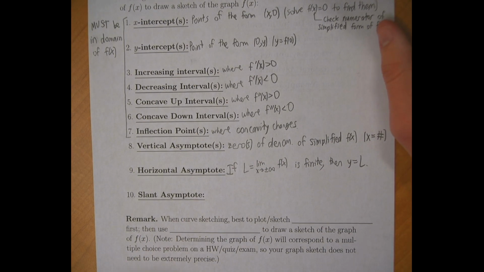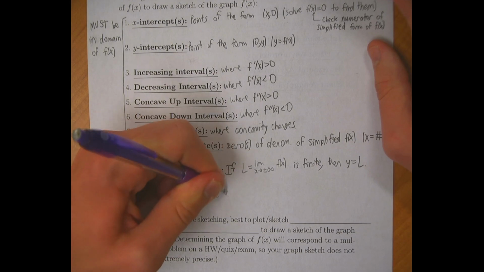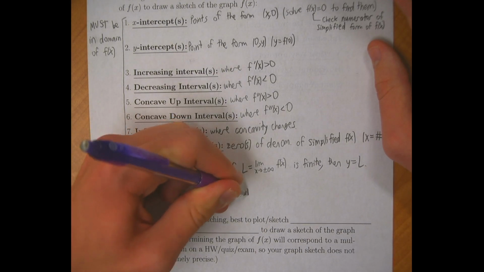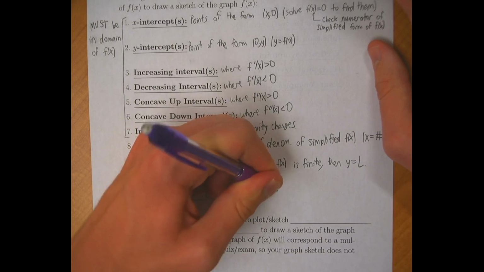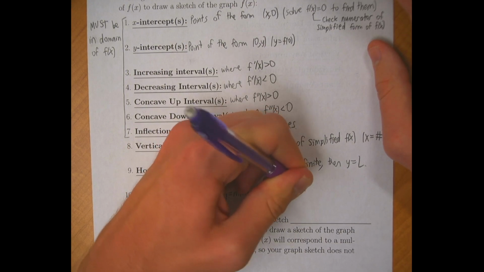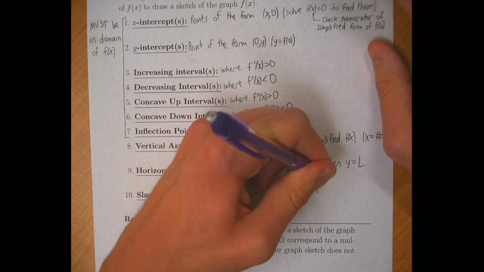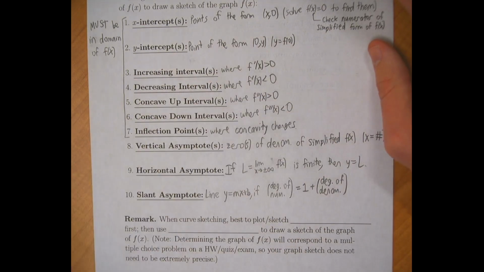Okay. Slant asymptotes, that's the line y equals mx plus b if the degree of the numerator is precisely 1 greater than the degree of the denominator. Okay.